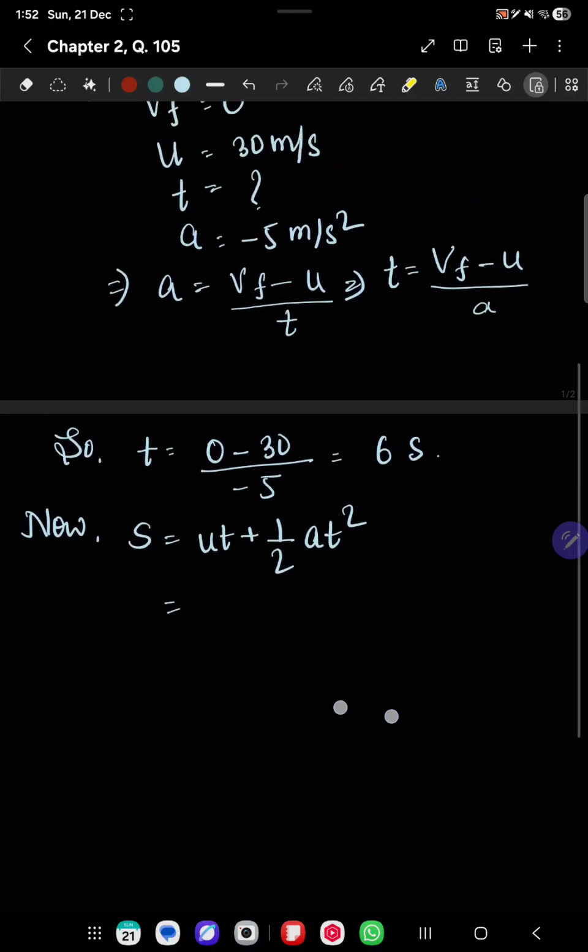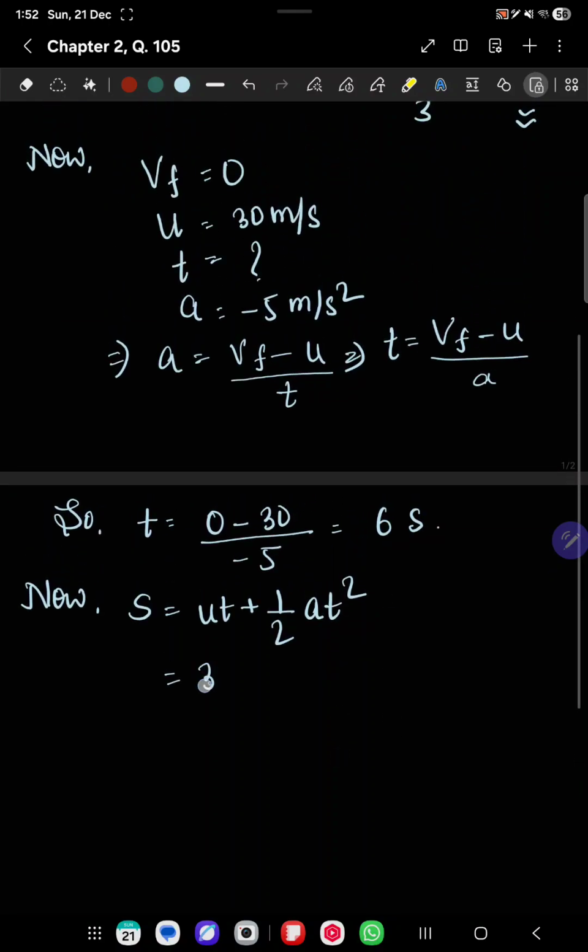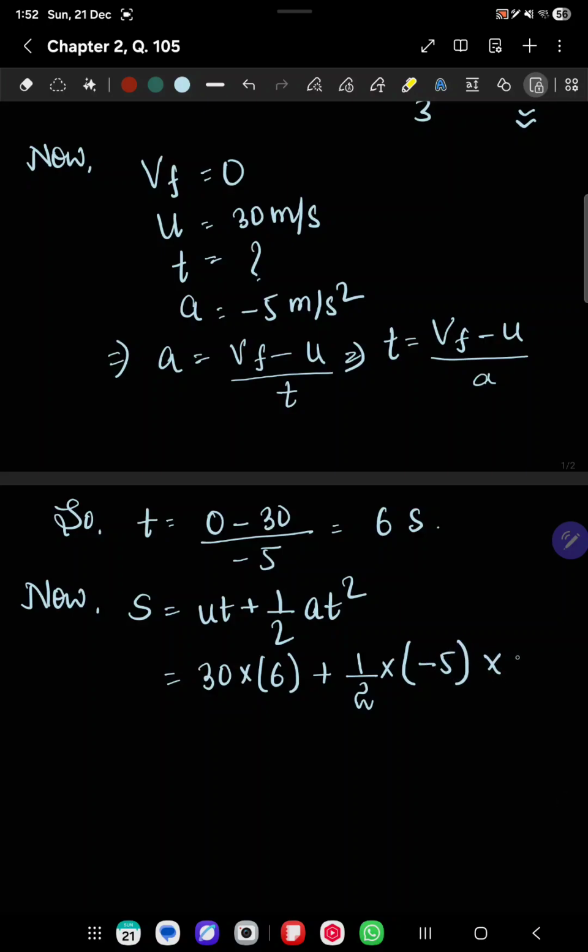Here the initial velocity is 30 upon time as 6 plus half into acceleration is minus 5 upon t square, which is 6 square.